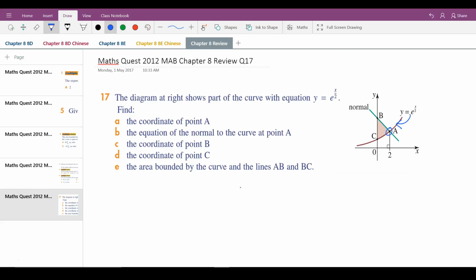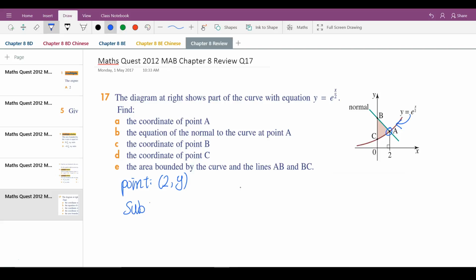Now I know point A has an x coordinate of 2, so there will be a 2 and then a y value, right? And the y value is equal to e to the power of x over 2. Well then just sub it in.